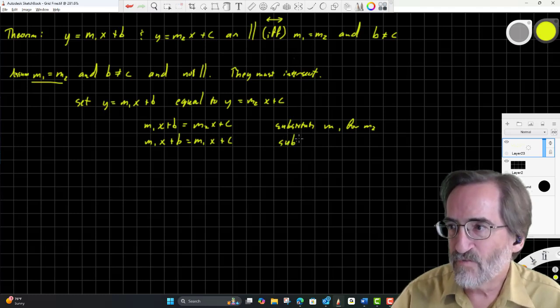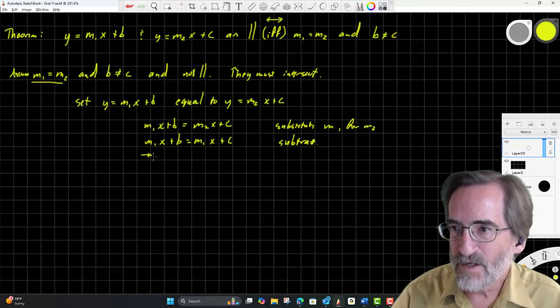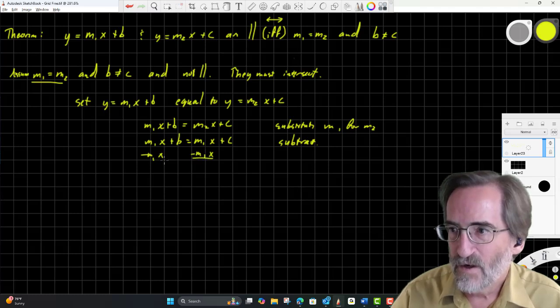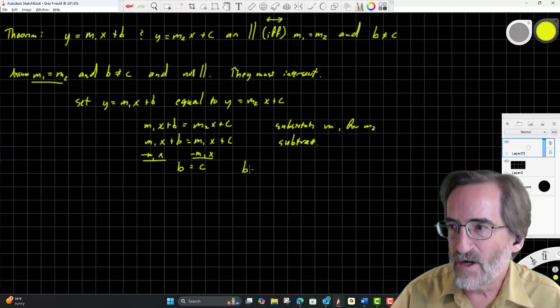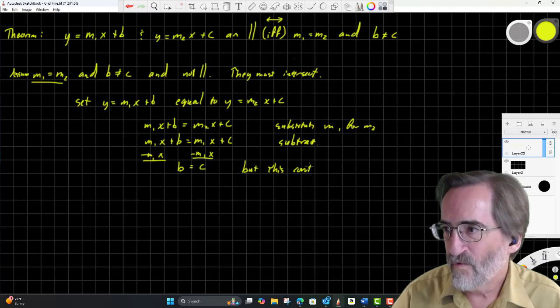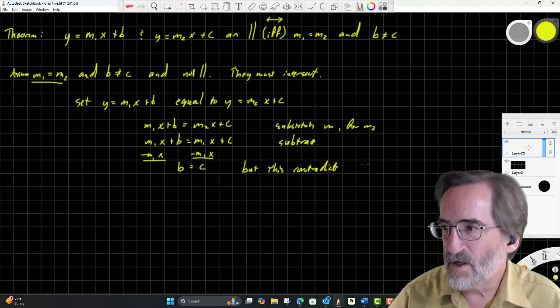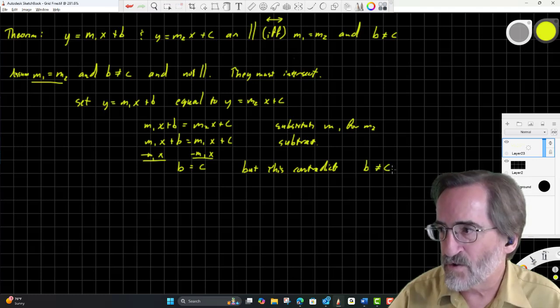By the subtraction property of equality, I can subtract m1 x from both sides, and we end up with b equals c. But this contradicts something. This contradicts that b does not equal c.